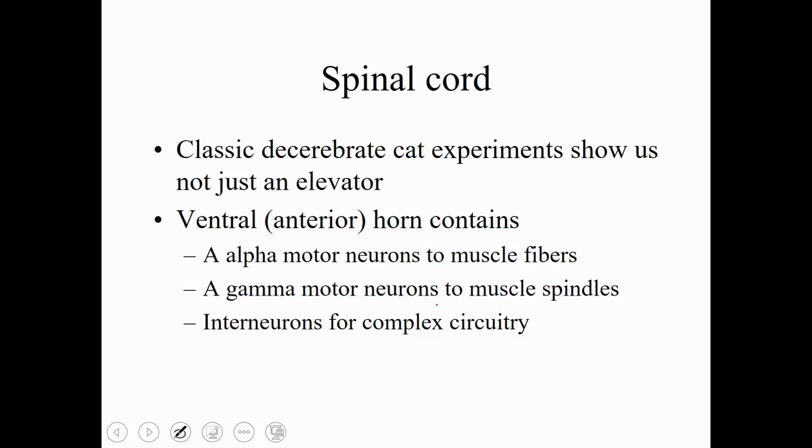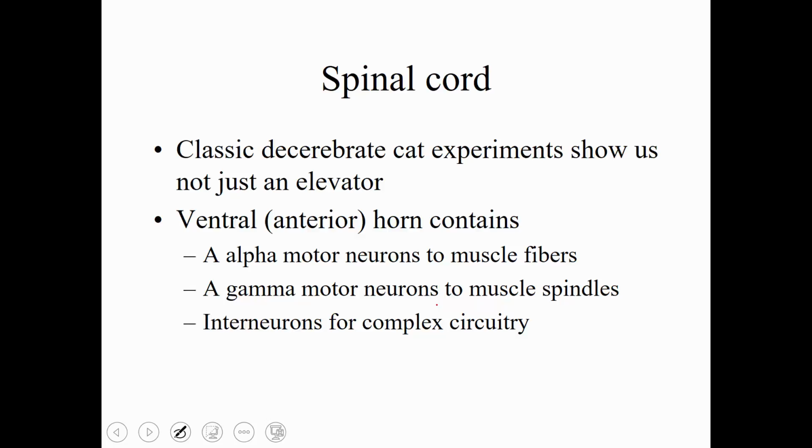If you just separate the cerebrum, it's called the decorticate cat. And if you sort of take away the whole brain, you have the decerebrate cat. There's some alterations in the procedure so that the cat can still breathe, and the cat cannot bear its weight, so it has to be suspended in a little sling.